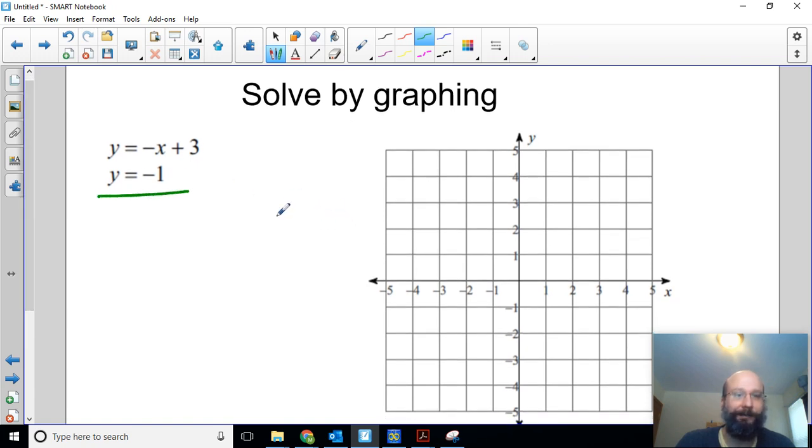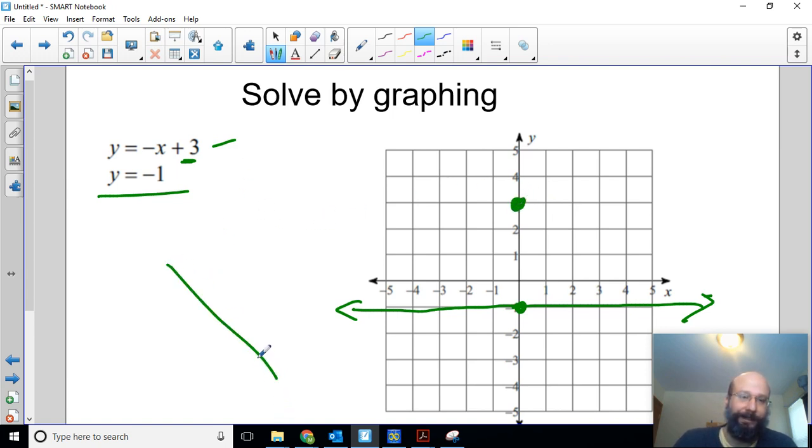Remember how to graph y equals negative 1. You find negative 1 on the y, and when it's y equals, it's going to be a horizontal line like this. In this one, you graph like you normally do. You start at plus 3, negative slope, so it's going to look like this.